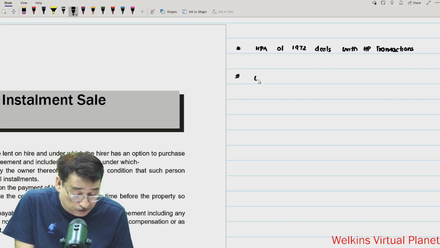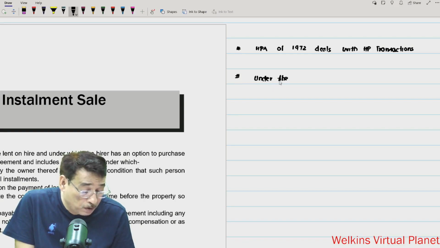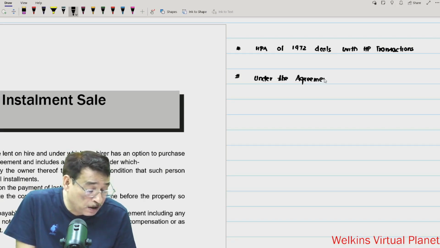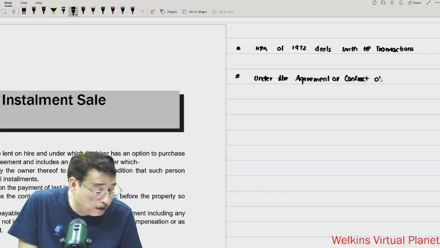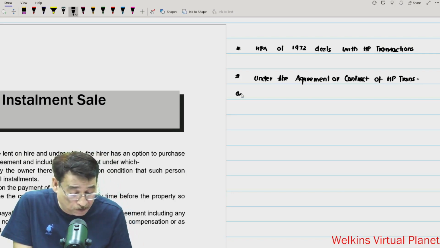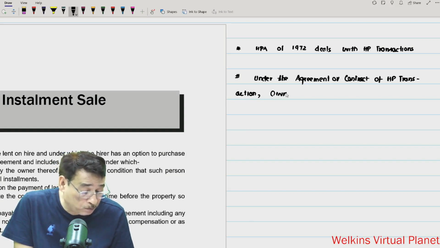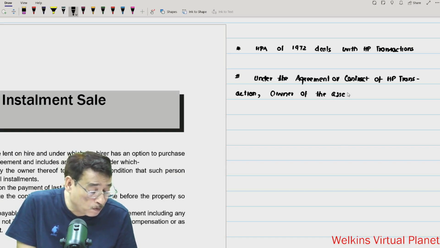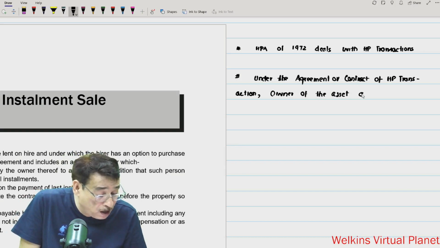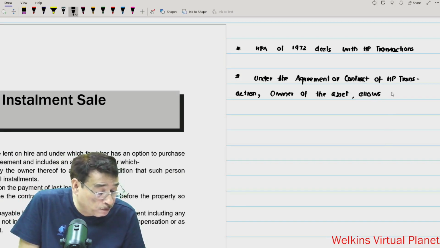So, under the agreement or contract of hire purchase transaction, the owner of the asset allows the buyer to take possession of the asset.